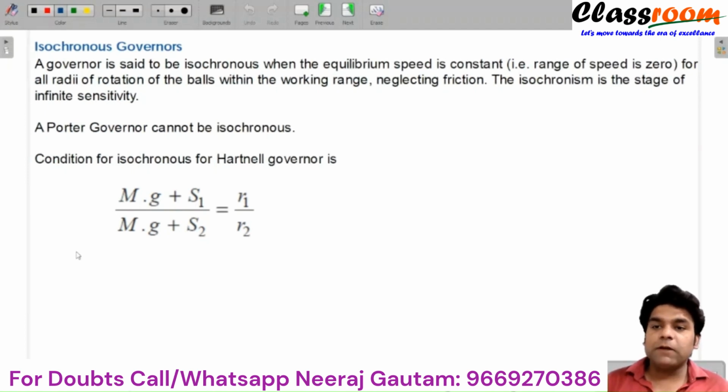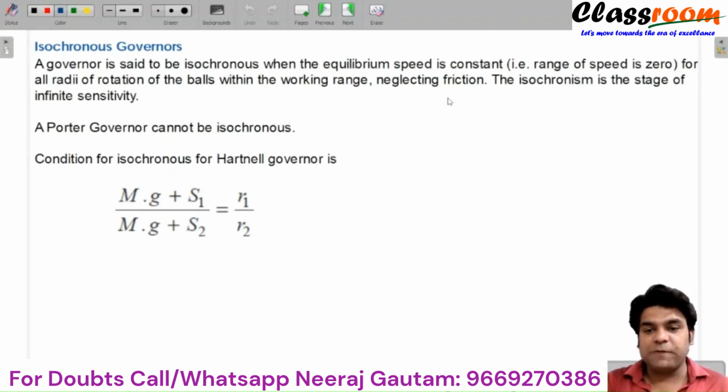The next characteristic of a governor is isochronous governor. An isochronous governor is one for which the speed range is 0, that means a governor having a constant radius of rotation for all the speeds.